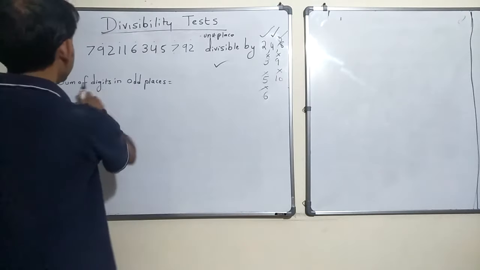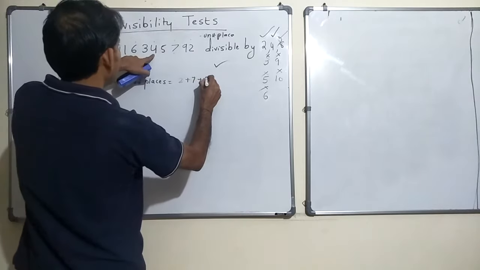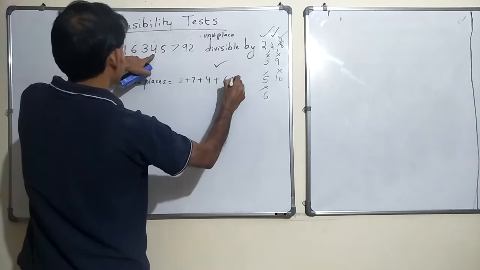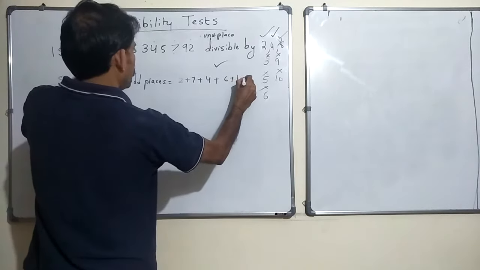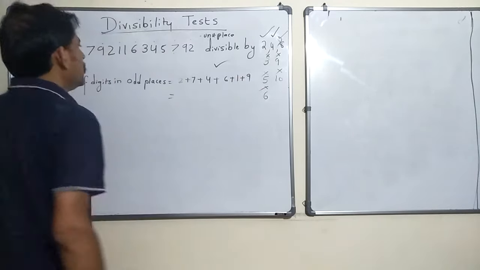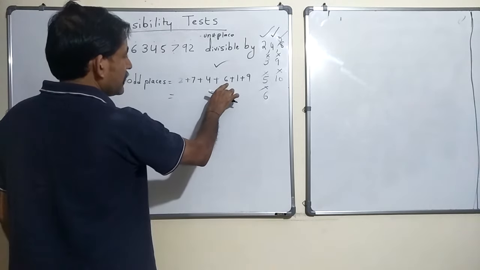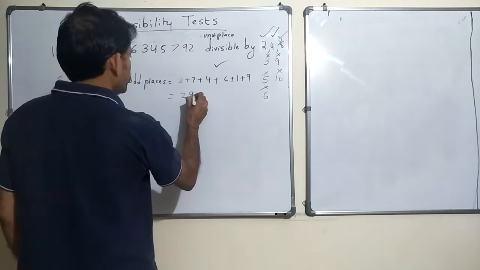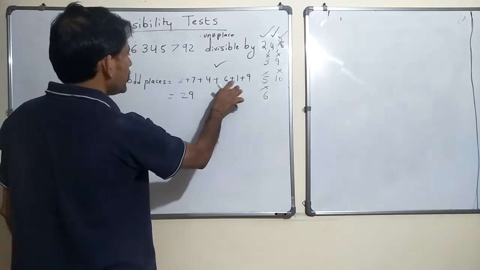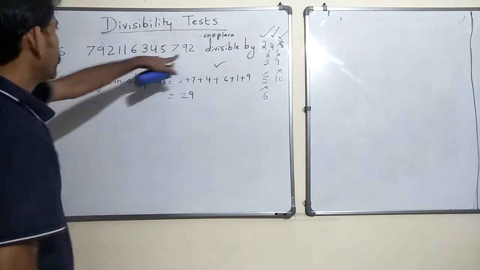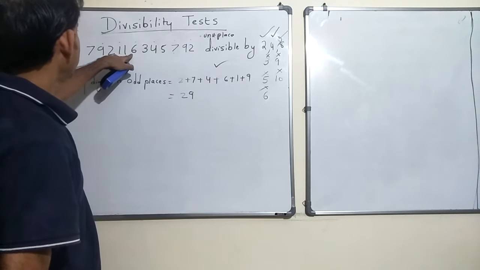So the sum of digits in the odd places is 2 plus 7 plus 4 plus 6 plus 1 plus 9. So 2 plus 7, 9, 9, 13, 13, 19, 20, 29. Children, just check whether I have done it correctly. 2, 7, 4, 6, 1 and 9.